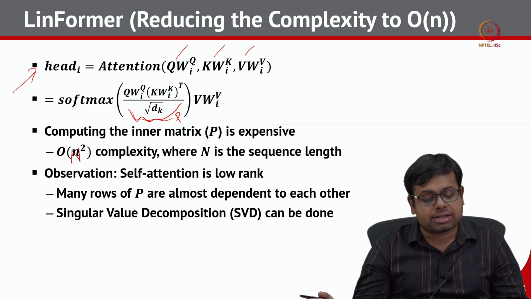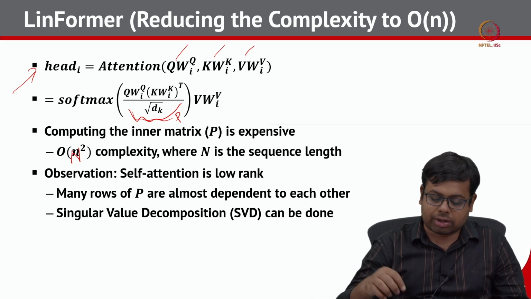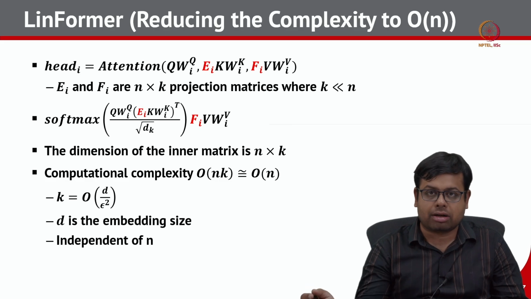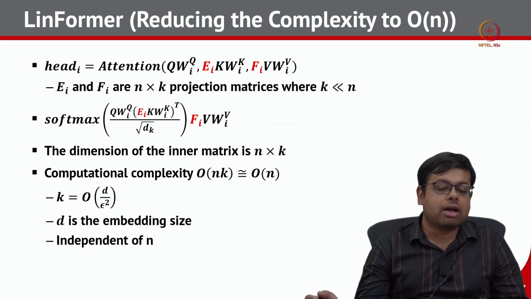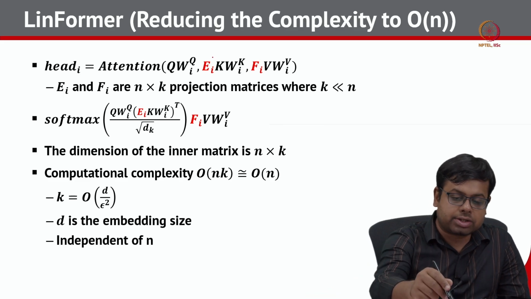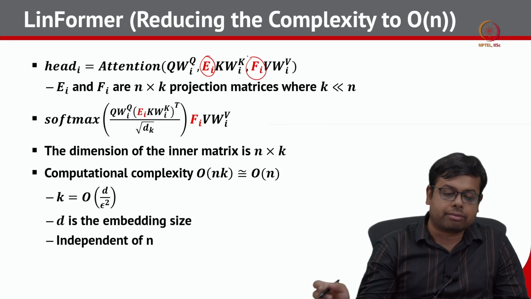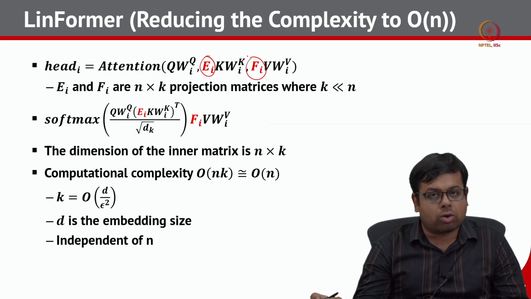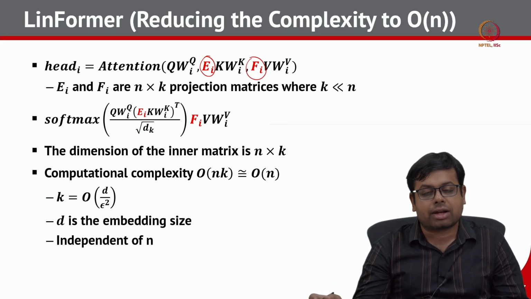If that is the case, then we can perform singular value decomposition to bring down the matrix multiplication order. So instead of performing the exact attention, we can introduce E and F projection matrices of size n by k, where k is much less than n.